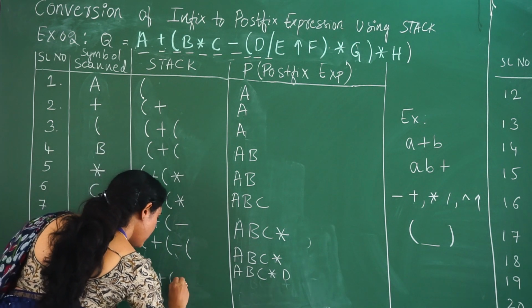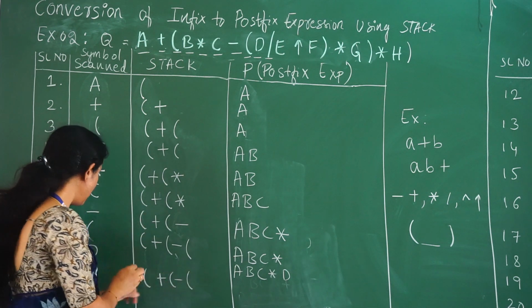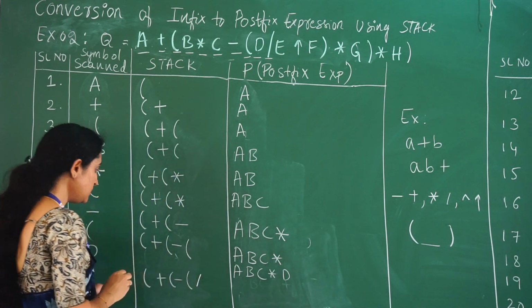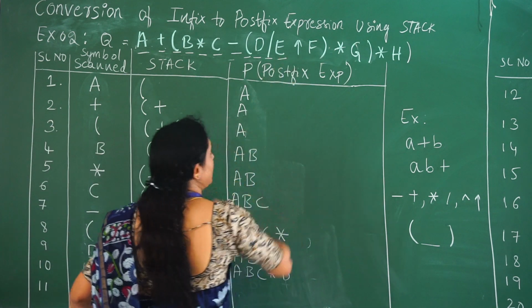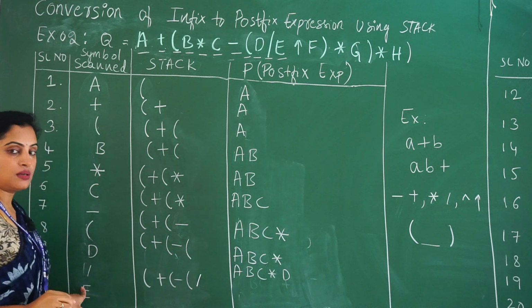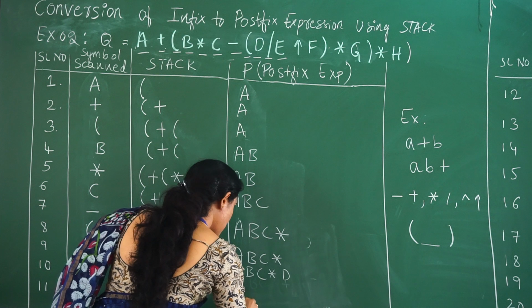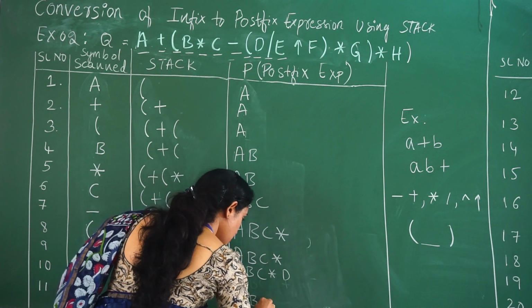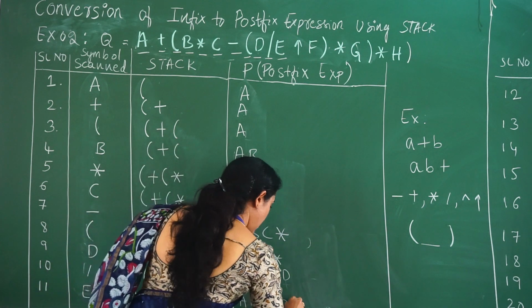Inside the stack we have a left parenthesis and no other operator, so directly we can put the division inside the stack. The next scanned symbol is E. E is an operand, so we directly put it in the postfix expression: A, B, C, D and E.